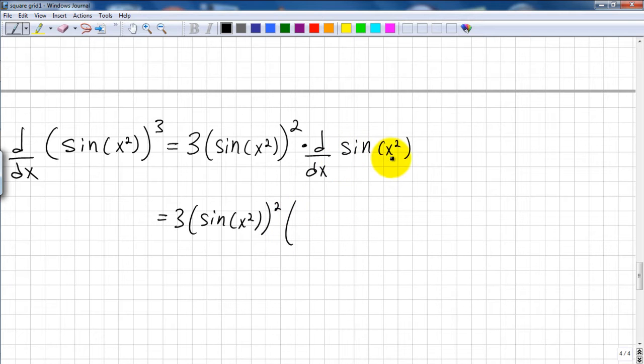So the derivative of sine of x squared, we do the derivative of the outside times the derivative of the inside.